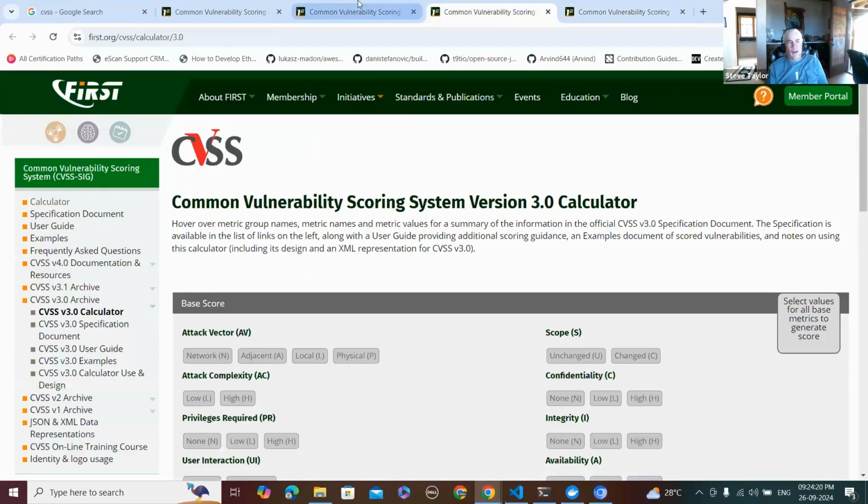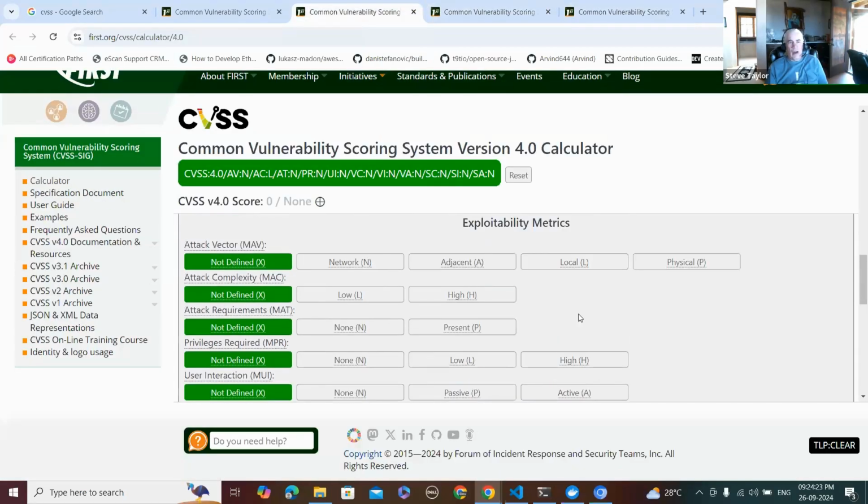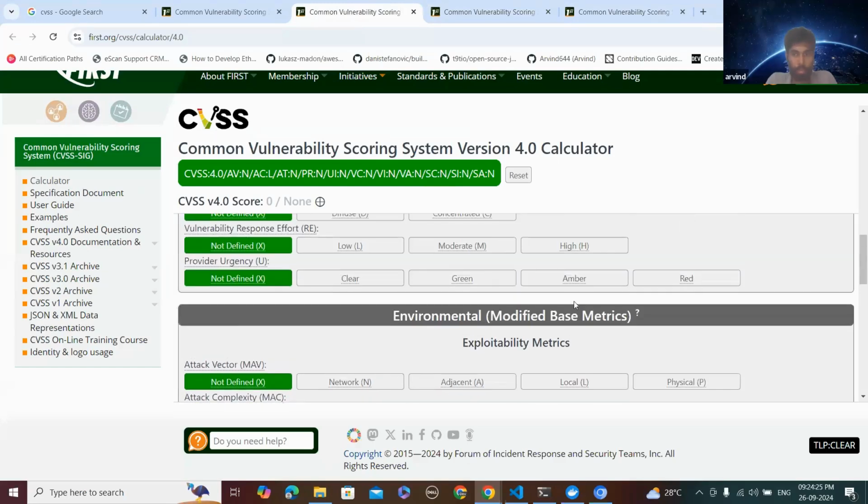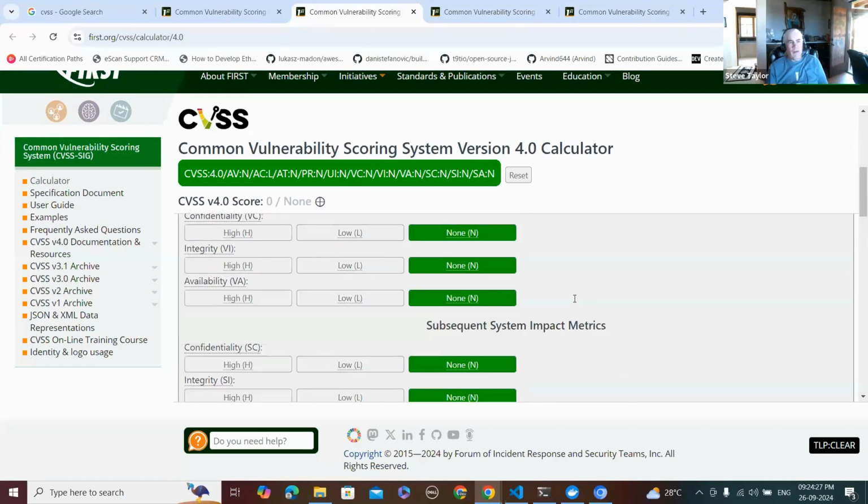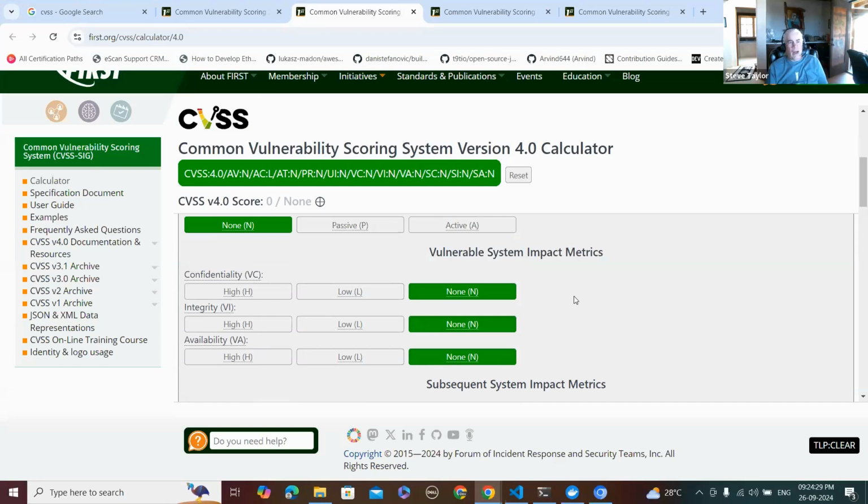So these calculators take the CVSS string, the vulnerability, and interpret it and change it into something meaningful that you can actually work from.